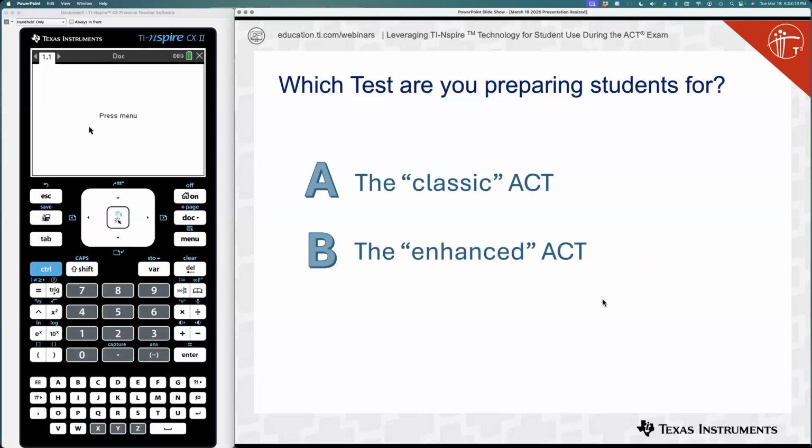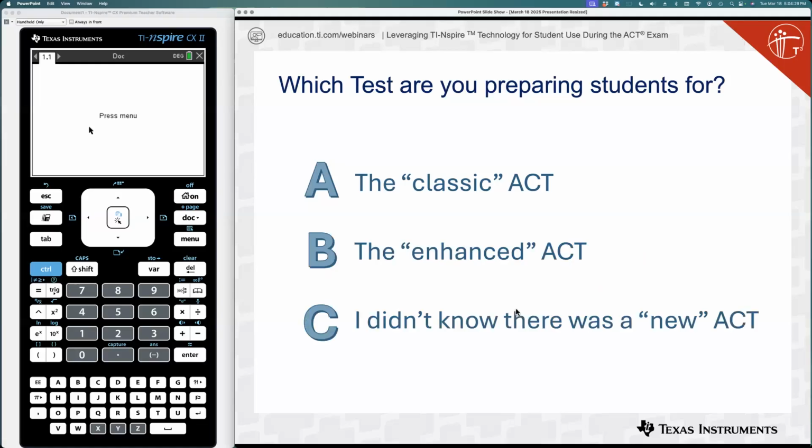If you know that you're preparing students for the enhanced ACT, in the chat you would be typing in the letter B. And if you didn't even know there was a new ACT, then you would be typing in the letter C. So if you could just type in A, B, or C into the chat, I'm going to have Veronica tell me what we are seeing as our most popular answers.